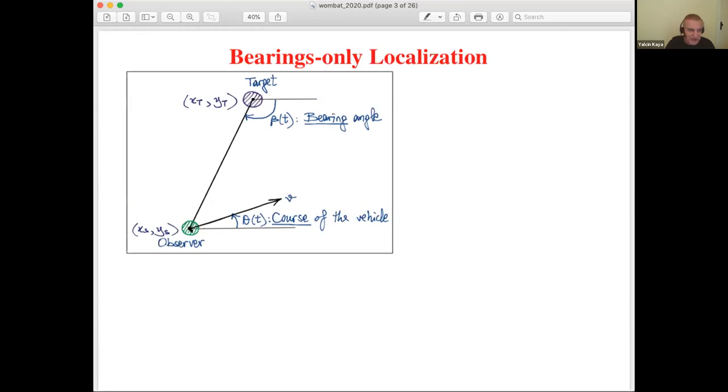In two dimensions, the observer has a sensor on it, and this observer is moving at a constant speed v.